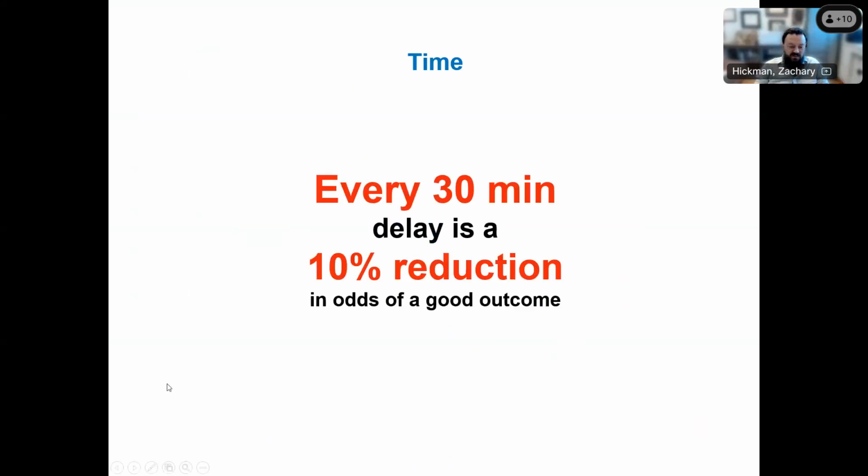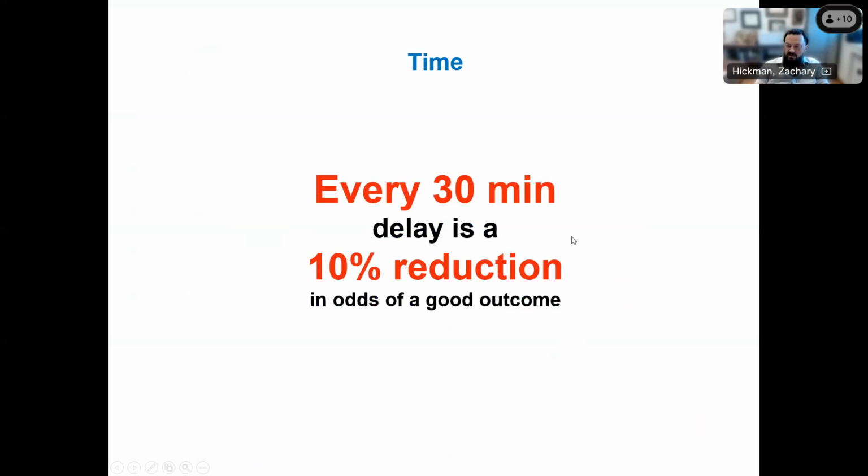So if it takes 30 extra minutes to get the patient into the angio suite and reperfused because of CT issues or consent issues or whatever, that reduces the chance of them having a good outcome by about 10%. So time is brain, and we want to get everybody that's eligible for a thrombectomy into the thrombectomy suite and proceed as soon as possible.